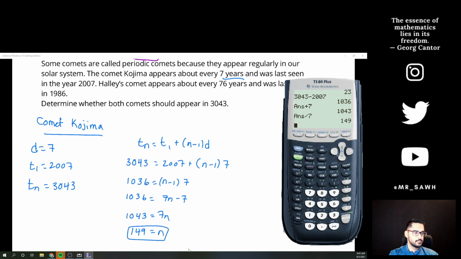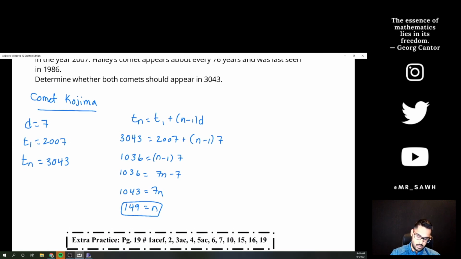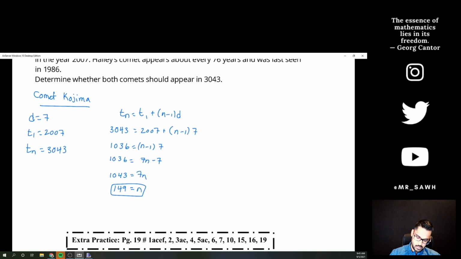Interesting. Let's go check out the other. Yeah, okay, seems okay. All right, interesting, my key is telling me something different. Anyways, that's okay. Let's check out Halley's Comet.